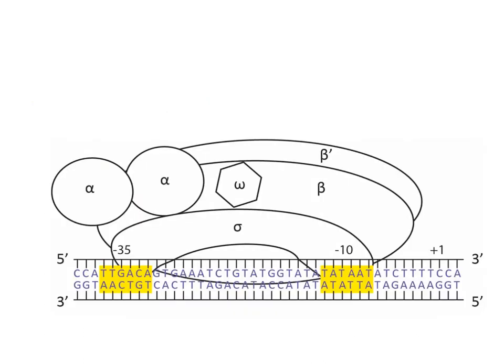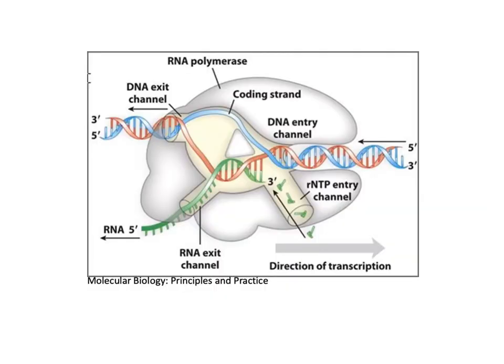So now let's return to our normal sigma 70 promoter with bound RNA polymerase. So once bound, the polymerase now melts or unwinds the DNA at the -10 region and begins transcription from the +1 nucleotide. Note that the RNA polymerase has a structure which allows specific DNA entry, unwinding and exit.